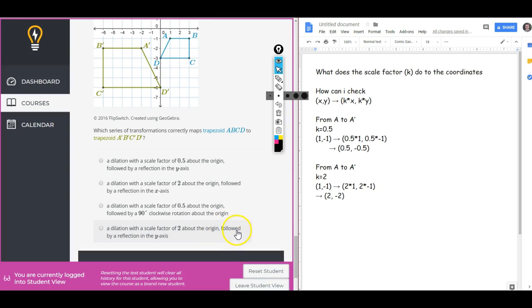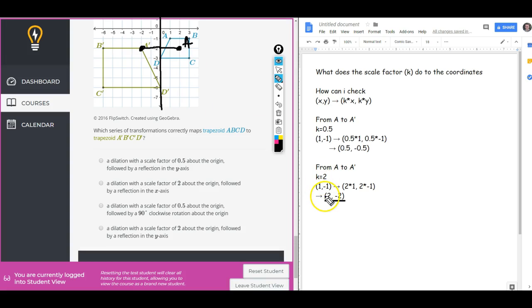Well, if we go back, it says followed by a reflection in the y-axis. So if I were to map this point before a reflection, it would be at 2, negative 2 right here. So after the reflection, here's our y-axis. It is 2 to the right of our y-axis, so in a reflection it'll be 2 to the left.